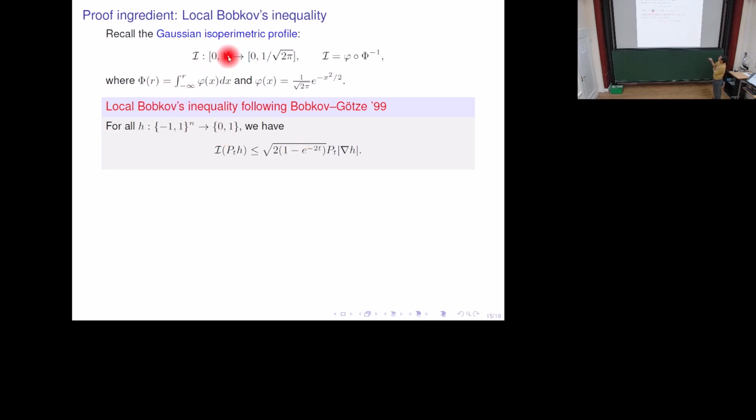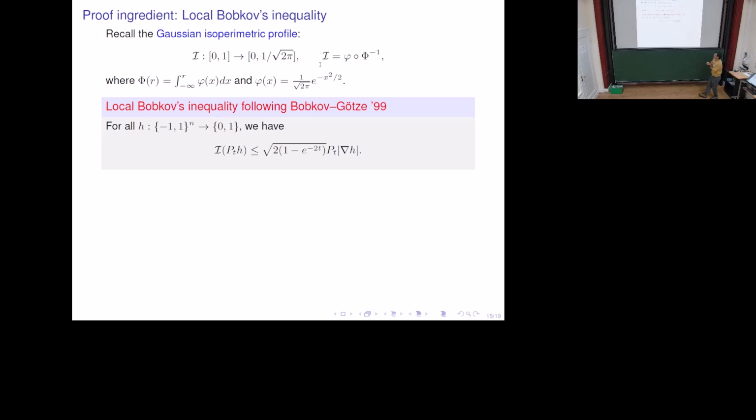This is a function from 0,1 to 0 to 1 over square root of 2 pi that is defined as follows. You have little phi, the density of the standard Gaussian, and capital Phi, the probability distribution function for little phi. Then you define the isoperimetric profile in the following way.